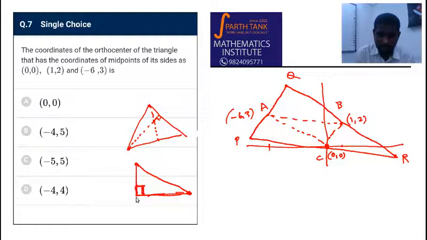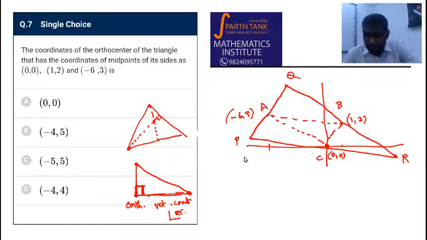So if the triangle is right angled, then the vertex containing the right angle is the orthocenter. Orthocenter is the vertex containing the right angle, for a right angle triangle. So that should give us some hint. Maybe there is something to do with a right angle triangle here.